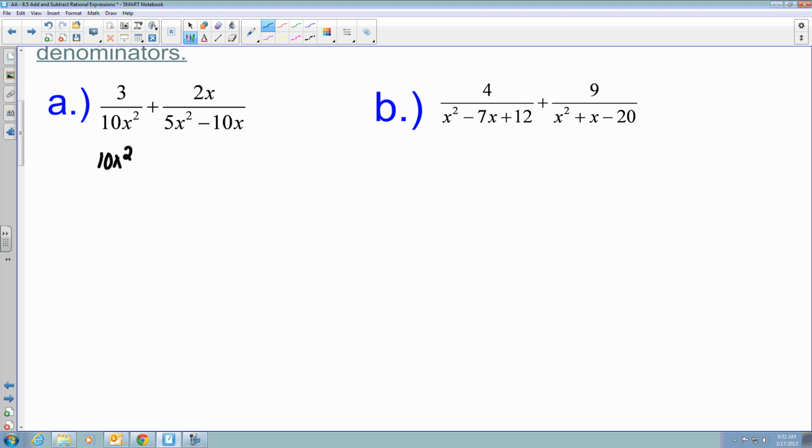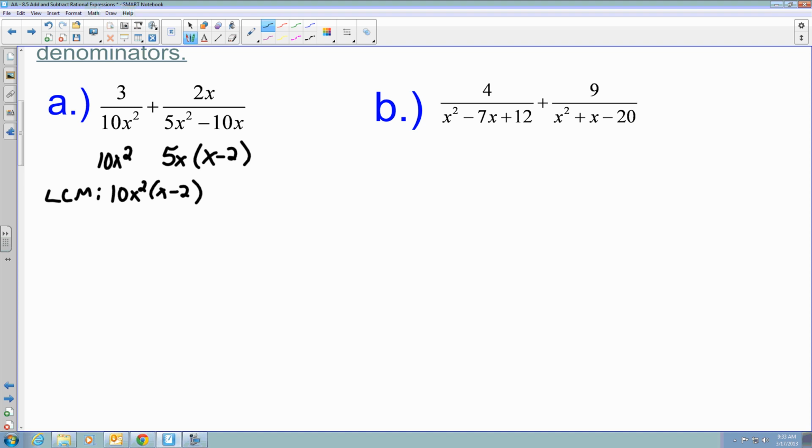And then I can factor out a 5x here, so that leaves me with x minus 2 on the inside. So my least common multiple here would be 10, because that's the largest coefficient, and I could put x squared here and multiplied by x minus 2. So that's the least common multiple.